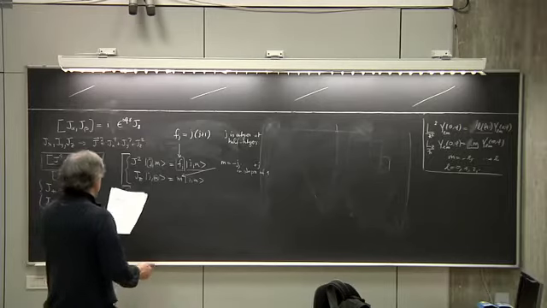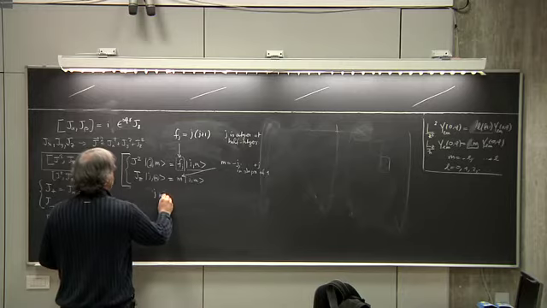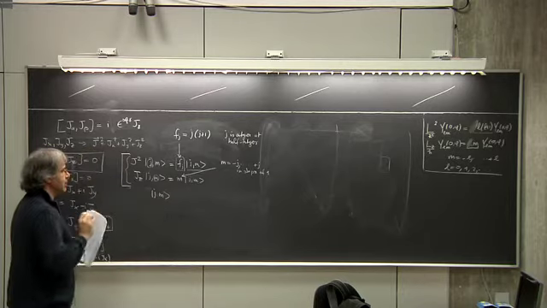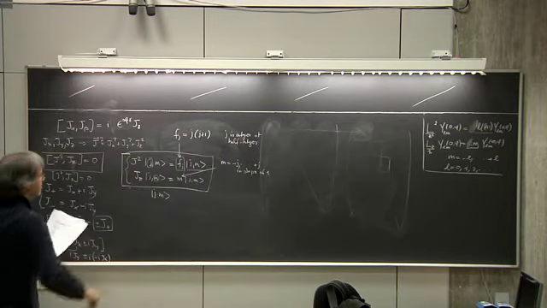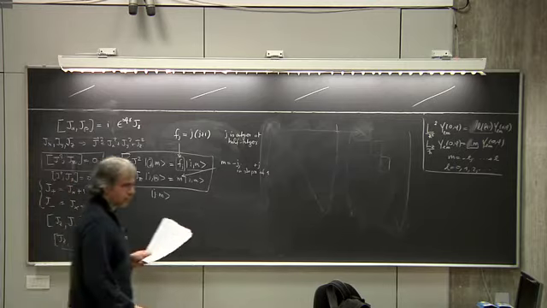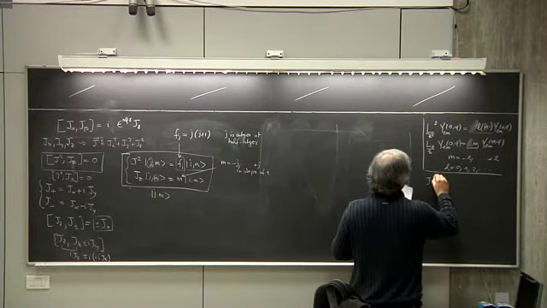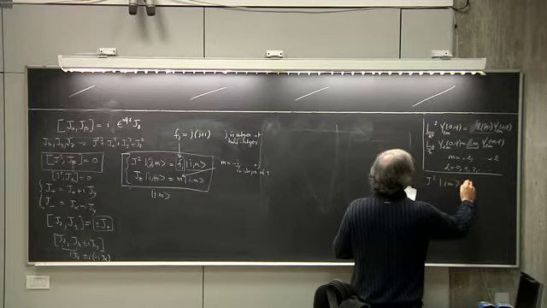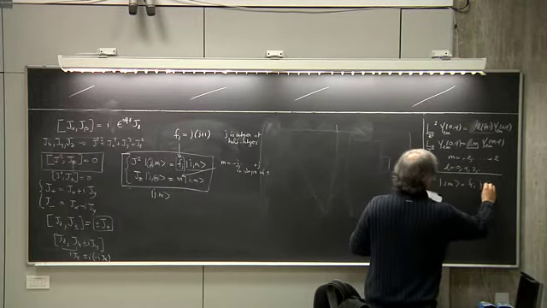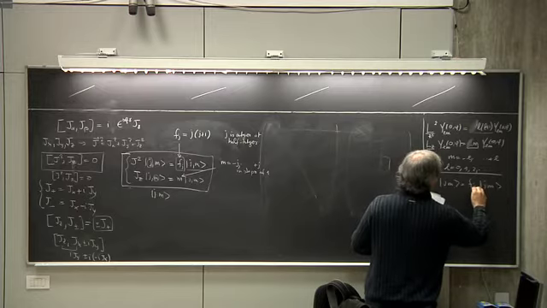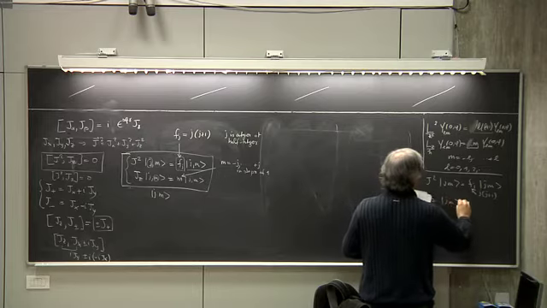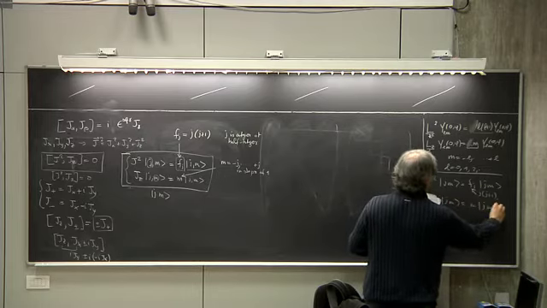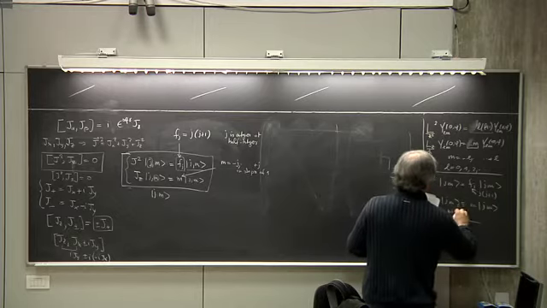Now, why is this useful? Look at the following. I take a state Jm, which I postulate. Okay, this is the goal. Actually, let me write it here. J square Jm equal to Fj Jm, where this is j(j+1), and jz Jm equal to m Jm, with m going from minus j to plus j.